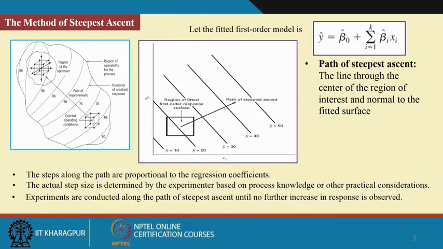Also, I told you that in order to conduct the sequential experimentation, you require to know the step size, means where you will go for the next experiment. There you will be guided through the process variables and their corresponding regression coefficient values.